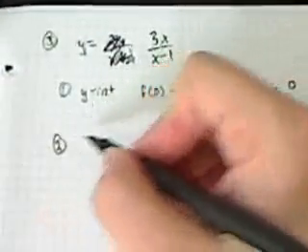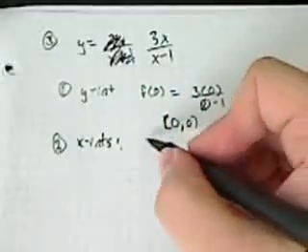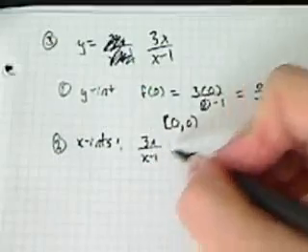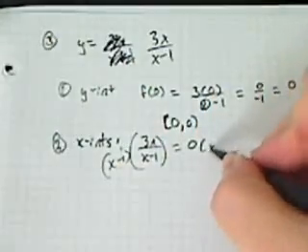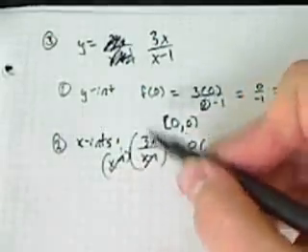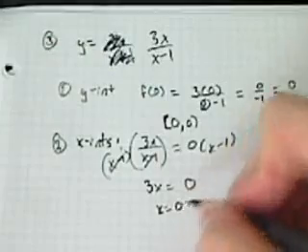Now when we look for any additional x-intercepts, we set our equation equal to 0, 3x divided by x minus 1. We're left with 3x is equal to 0, where x equals 0.